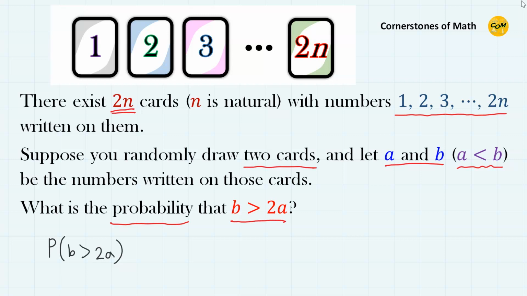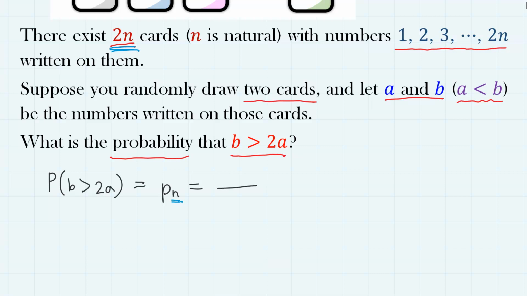Alright, so we want this probability of B being greater than 2A, and let's write this probability as Pn because it may depend on n, which is related to the total number of cards, 2n. By the very definition of probability, Pn is the number of cases where B is greater than 2A divided by the total number of cases.